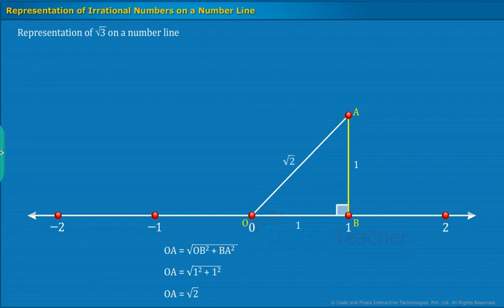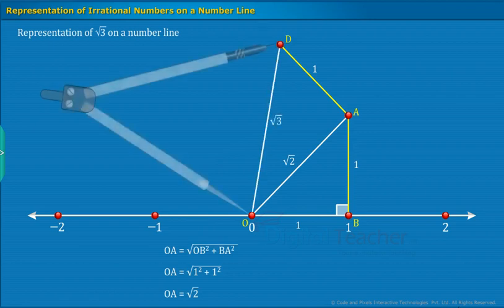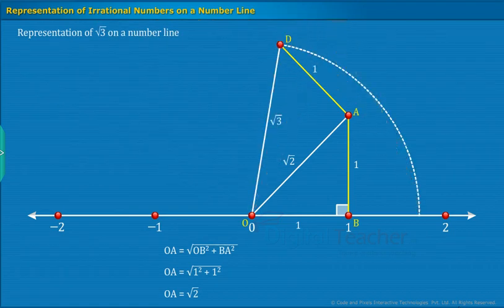Now, draw a perpendicular line to OA of unit length and mark it as D. Now, join OD. Then take OD as radius, that is length root 3, and construct a circle such that it meets the number line and mark the intersecting point C. So, OC is also a radius of the circle, which is the representation of root 3.